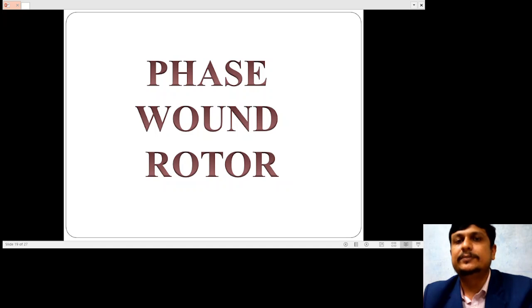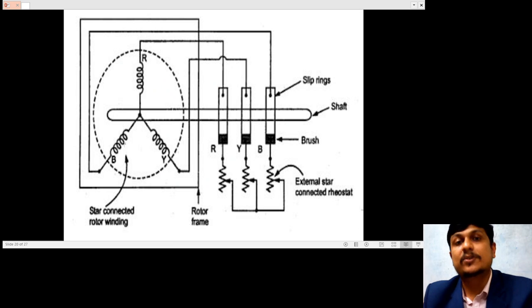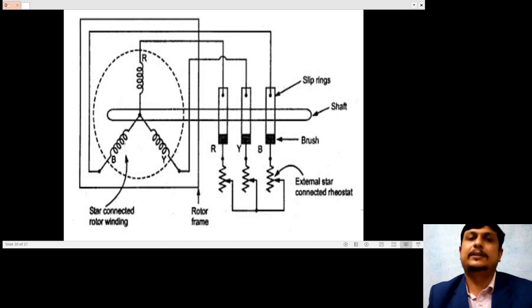Phase wound rotor, or it is also called slip ring rotor. So what are the major features of the phase wound rotor?